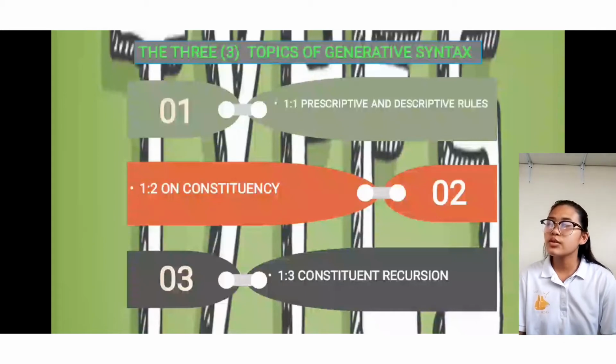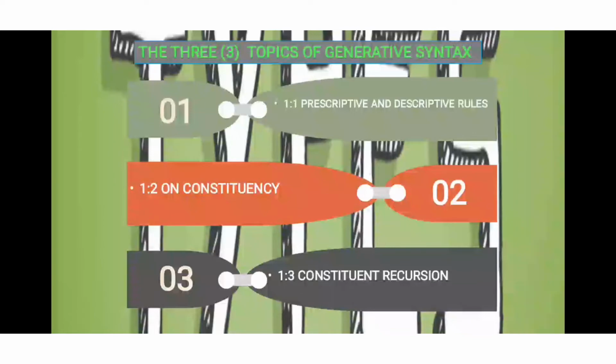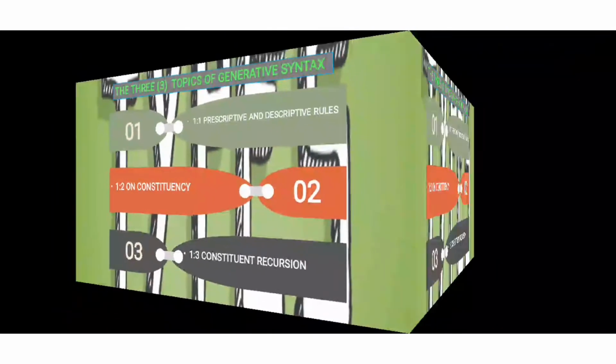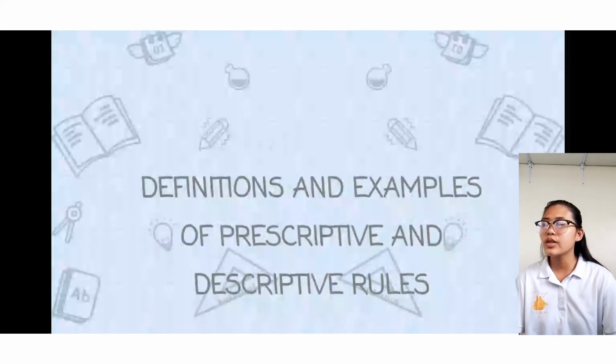These are the three topics that we are going to tackle today in relation to generative syntax, and these are prescriptive and descriptive rules, constituency, and constituent recursion. Now let us discuss definitions and some examples of prescriptive and descriptive rules.